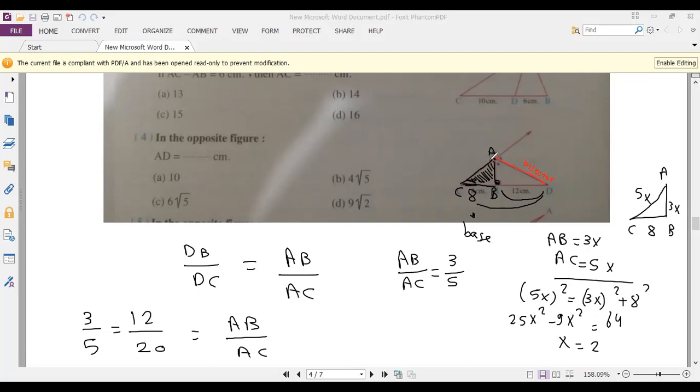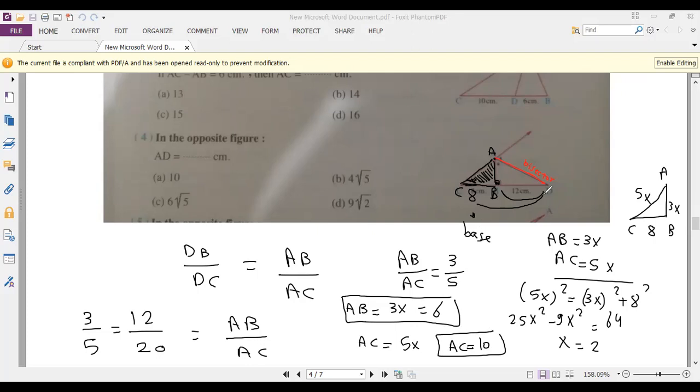So AB equals 3x, so AB will be 6, and AC equals 5x, so AC equals 10, 5 times 2. After that, I want to find the length of the bisector. How can we find the length of AD?